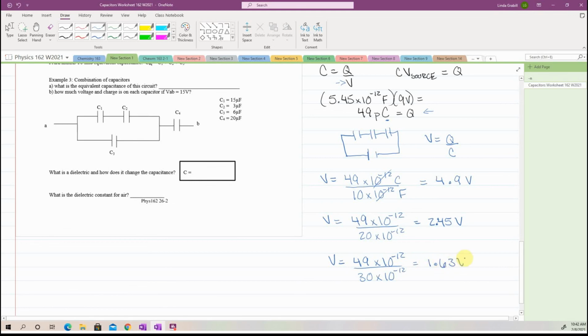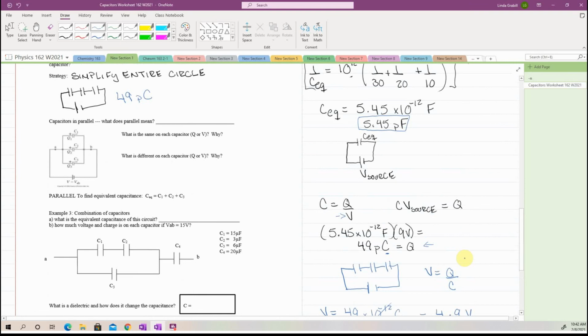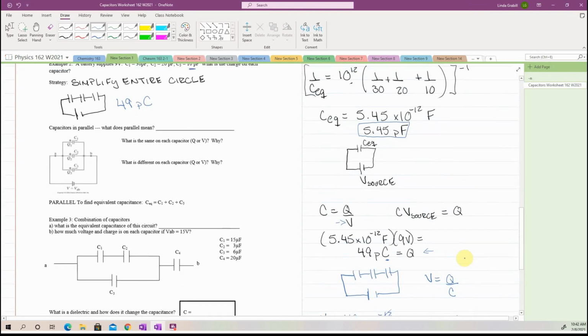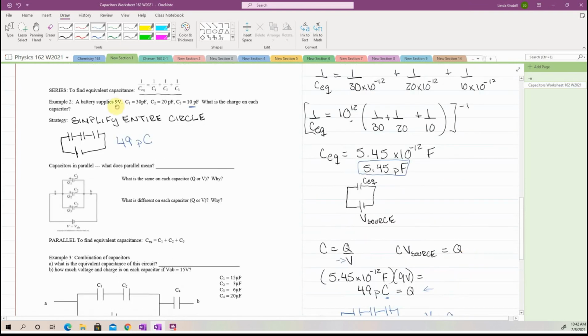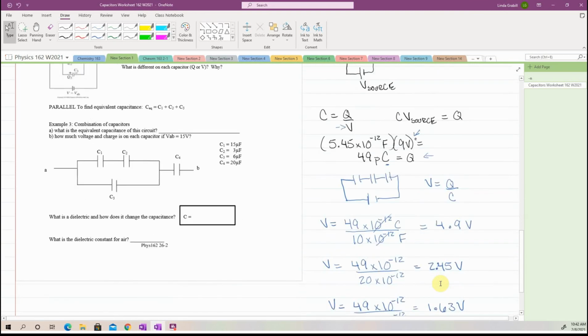Now the only reason I went ahead with that little routine is to make sure that I emphasize something that's very important. We know that the voltage drop total across this thing was 9 volts. That was given in the problem. There we go, 9-volt battery supply. We used that quantity here to figure out how much charge. So once we've done that, now we've figured out the voltage drop.